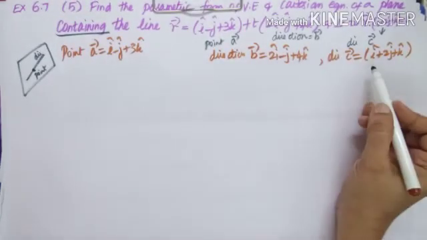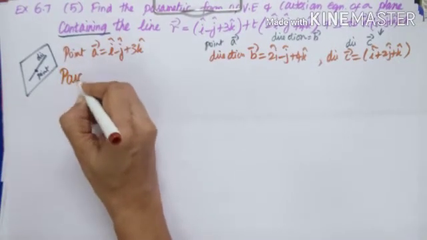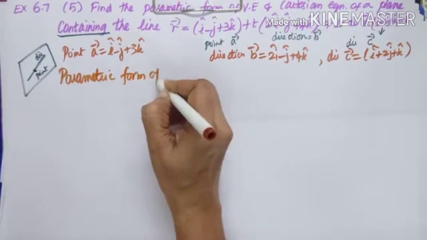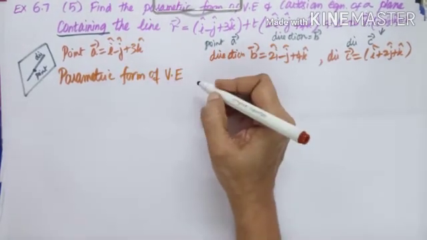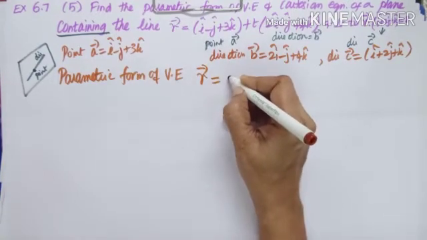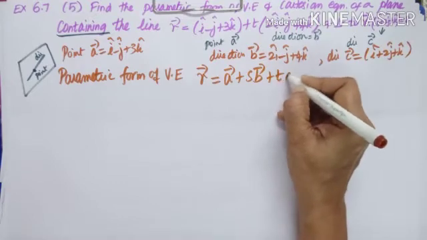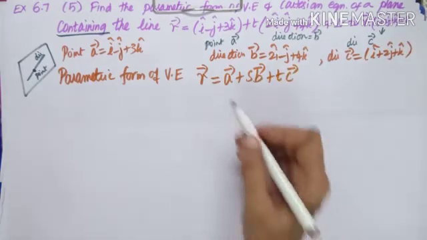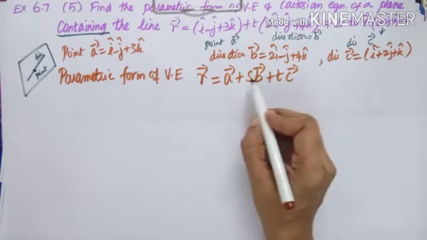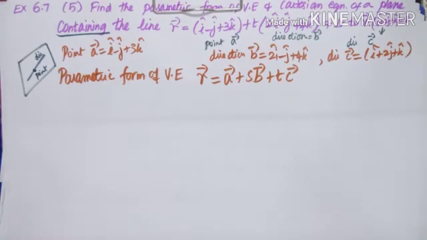Having known A, B, C, we need to write the parametric form of vector equation. The formula goes r vector equals A vector plus s into B vector plus t into C vector. Remember, this must be the point. These two should be directions. With s and t, only directions will come.